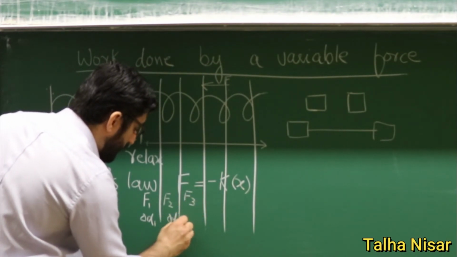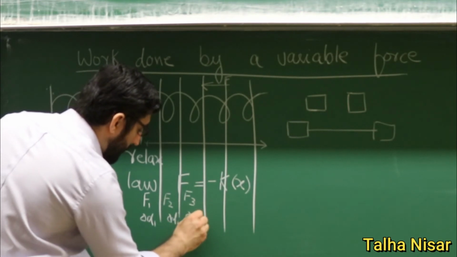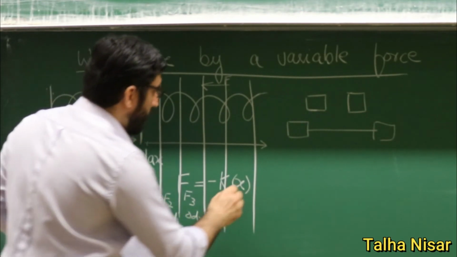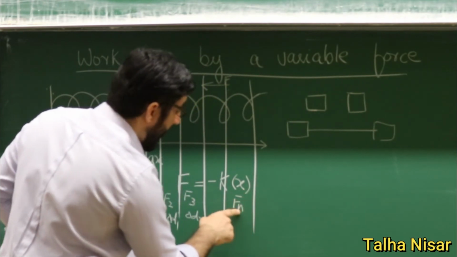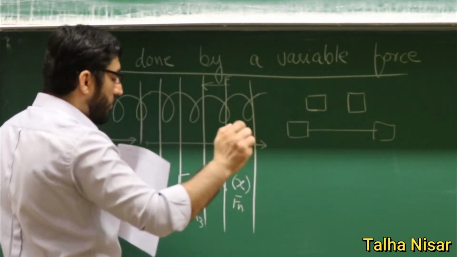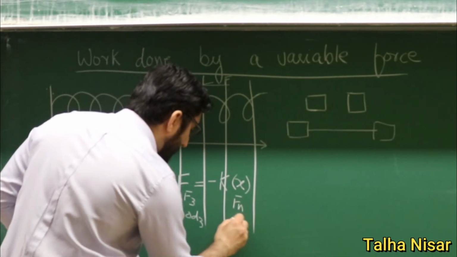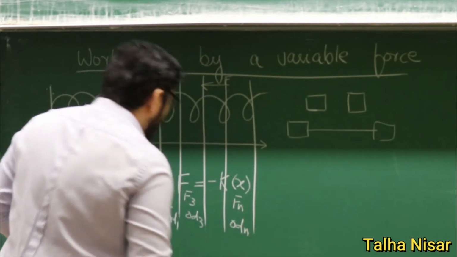For F2 we have the small displacement 2, then displacement 3, and for the last one we call it n. So n can be 3, 4, 5, it can be any number.